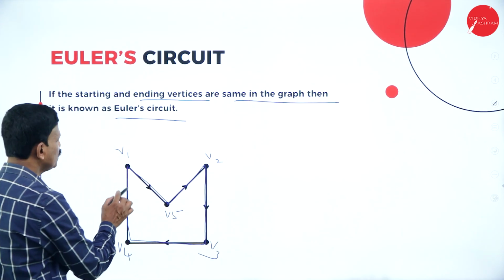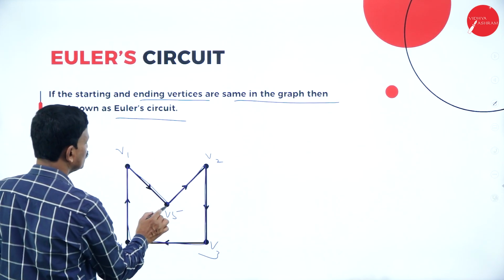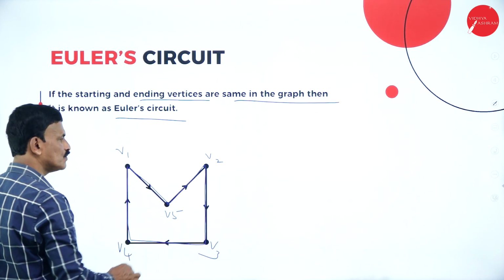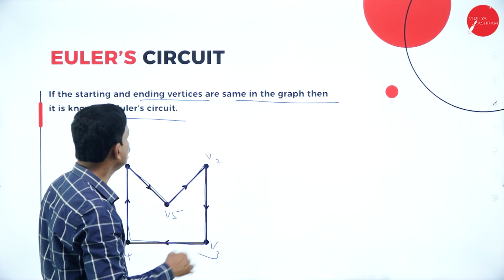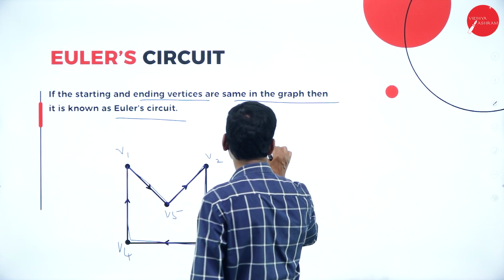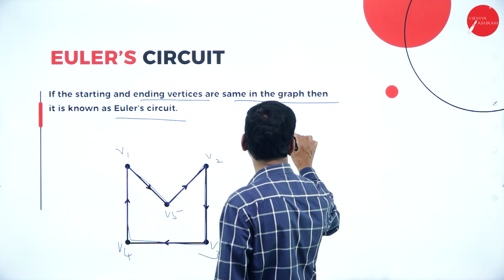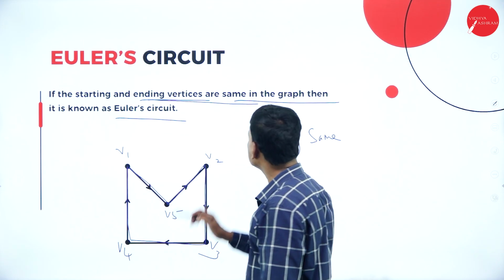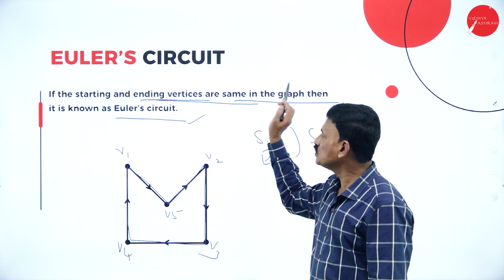It will start from V1 to V5, then V2, V3, V4 and again V1. Here the starting point and the ending point are the same.